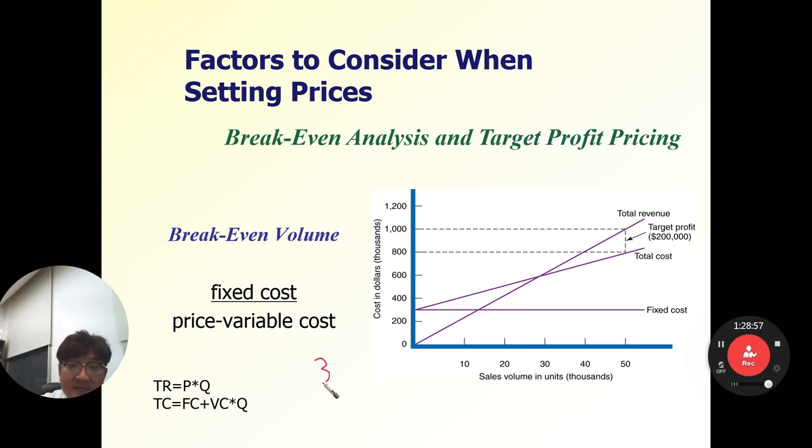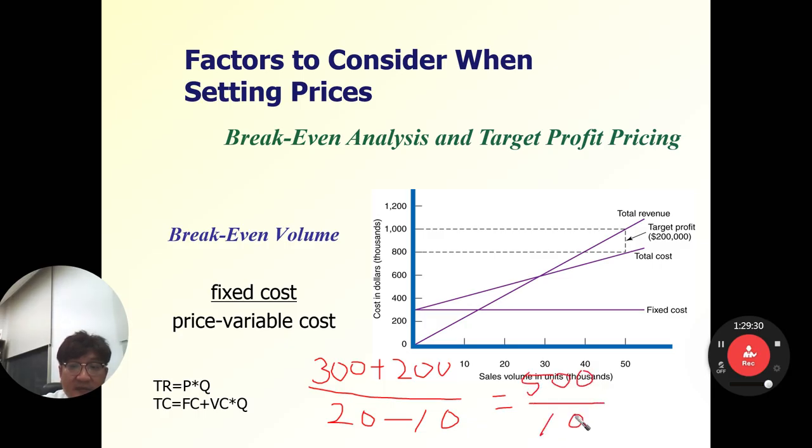Say the fixed cost is 300, plus the target profit of 200, but let's forget about the 1,000, divided by the contribution margin. Price is $20, we calculated that one, right? Minus the variable cost, $10. So it is $500 divided by 10. So the target profit quantity is going to be 50.